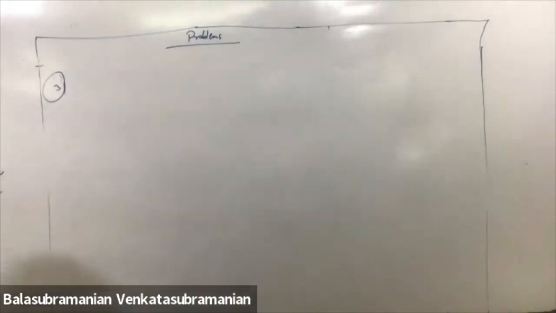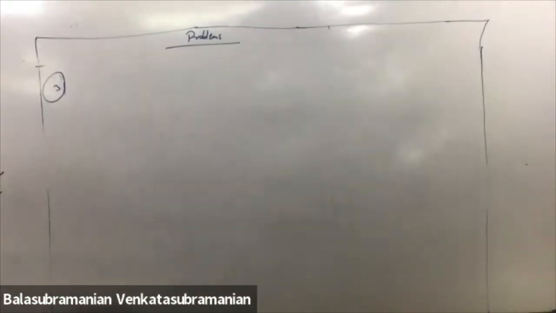Third problem. At what distance from a long straight wire carrying a current of 12 ampere will the magnetic field be equal to 3 into 10 power minus 5 Weber per meter square? Current 12 ampere, magnetic field 3 into 10 power minus 5. You have to calculate the distance.